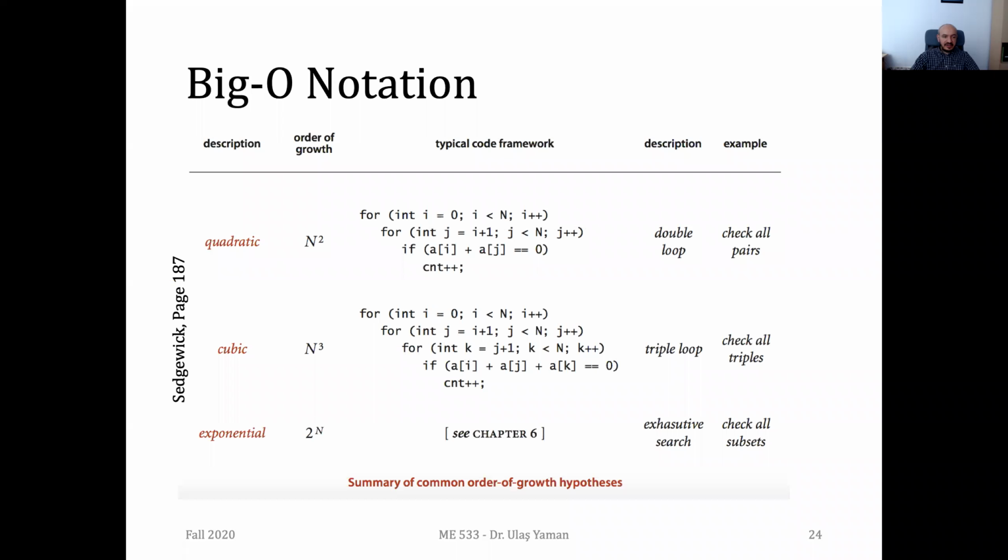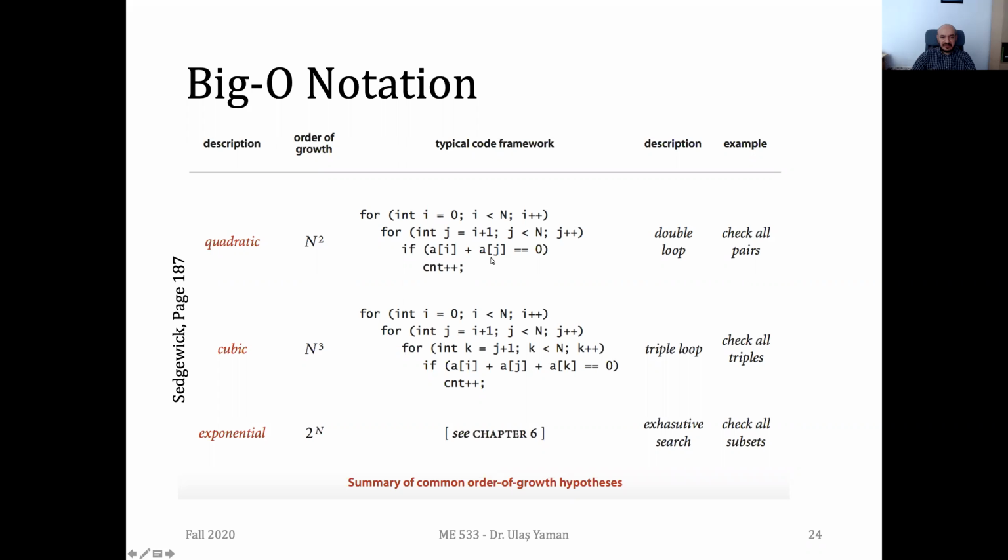We have some more time complexities, but they're not that difficult. The first one here on this table is called quadratic time complexity. I have already mentioned it at the beginning. Once you have two nested for loops, and they all depend on n, then we can say that the order of growth is n squared, and it has quadratic time complexity.